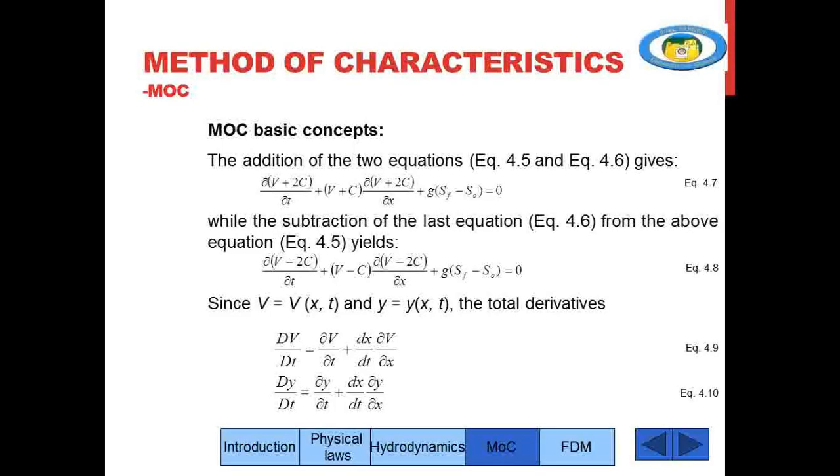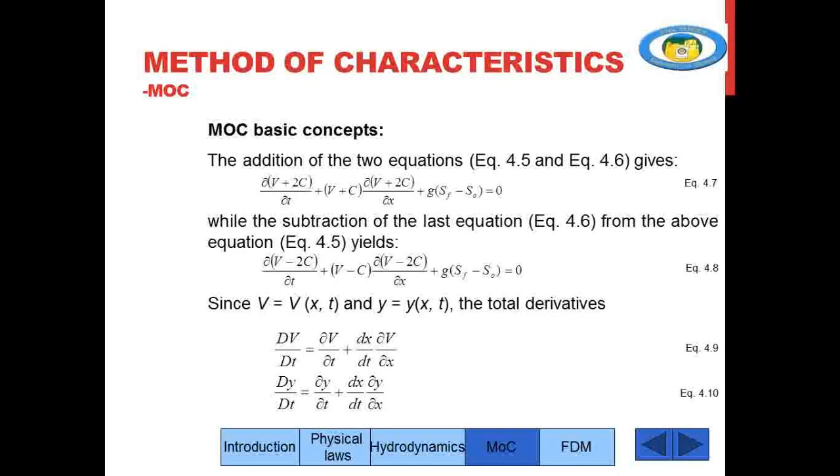Now you can see the similarity between the two. So the first term, which is the partial derivative of v plus 2c with respect to t, is similar to the partial derivative of v with t, essentially. And the constant term, which is v plus c, would indicate dx per dt in equation 4.7. v plus c would indicate in equation 4.9 dx per dt.